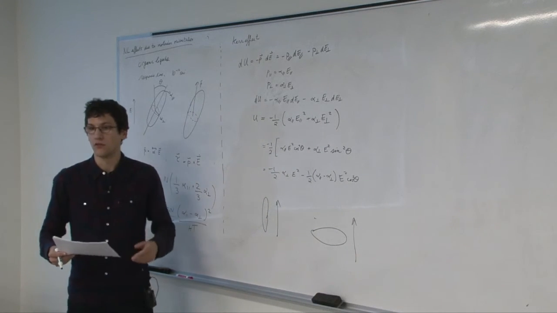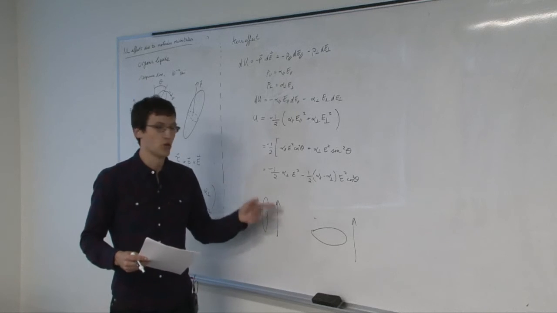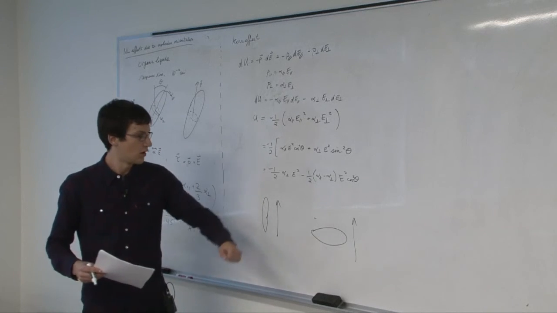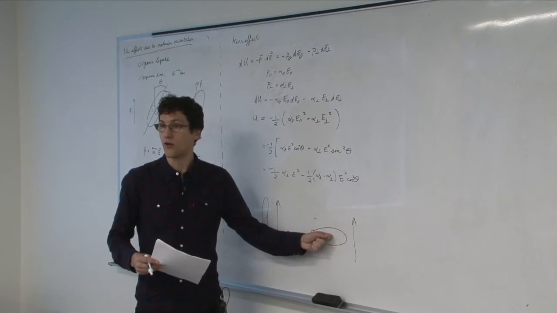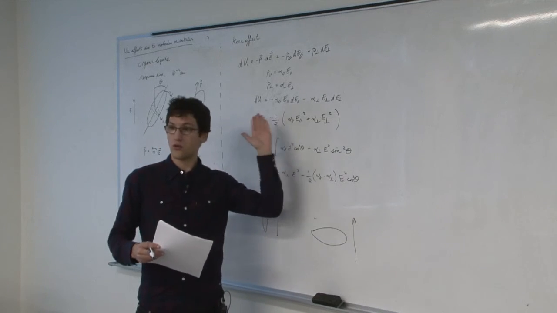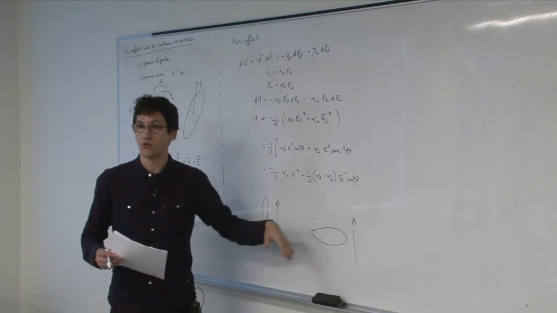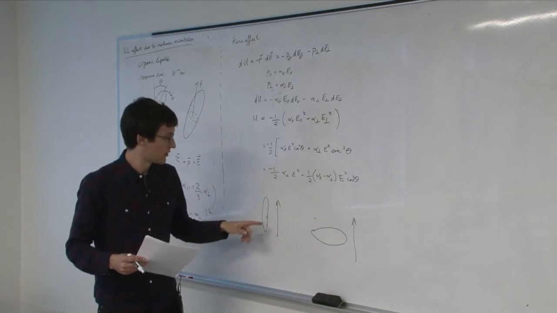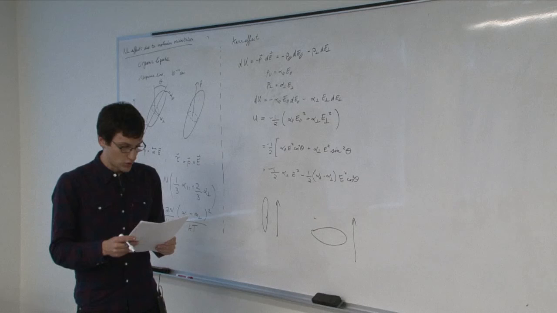You can think of it this way: the molecule tends to align with the electric field. So if there's a thermal vibration affecting this one, it will tend to align this way, so it has more potential energy. So this is a higher state of energy than this one.